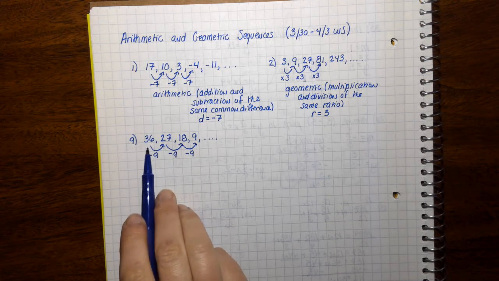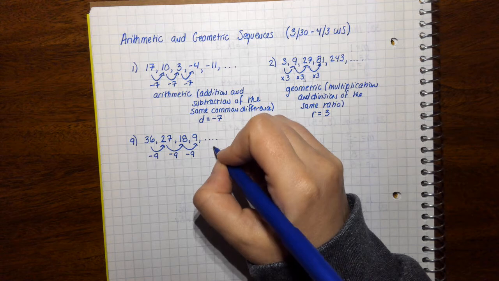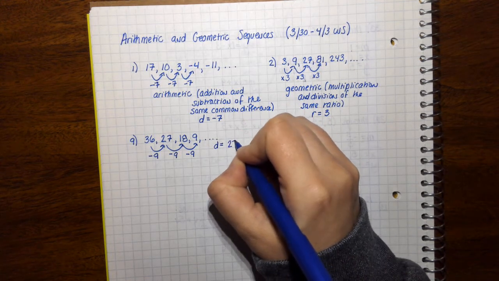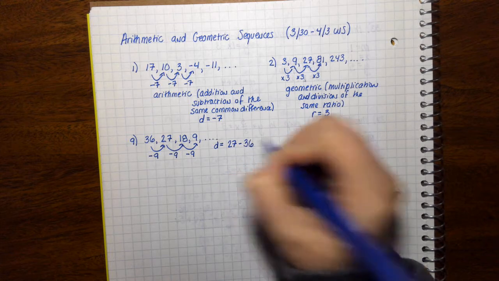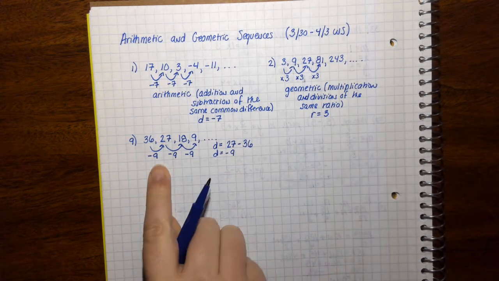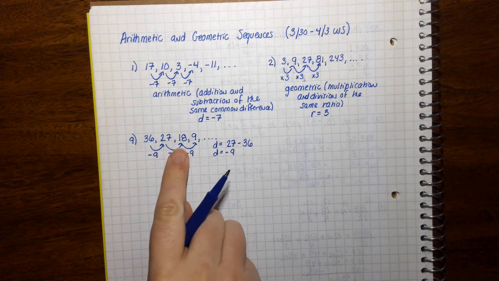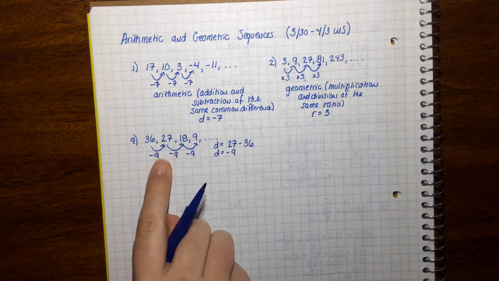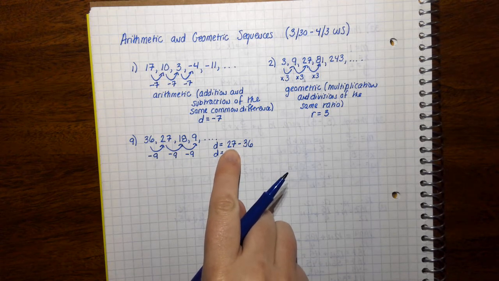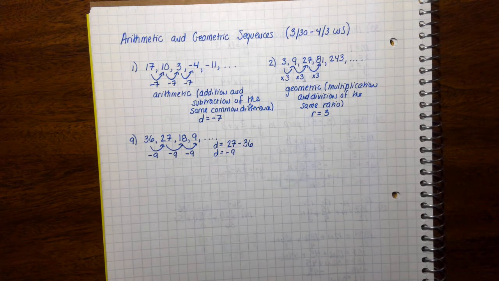take the second number minus the first number. D, common difference, equals 27 minus 36, which is -9. So if it's ever hard for you to just figure out the pattern here, then you can take the second number minus the first number to get your common difference.